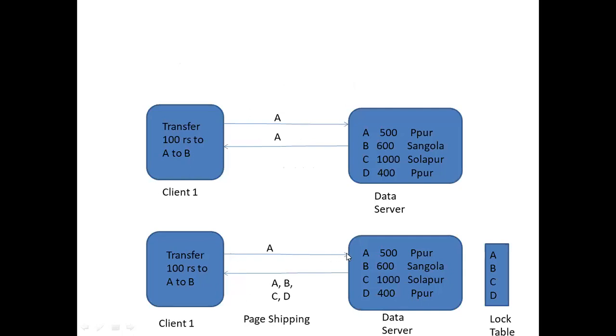We only require account information of A and B, but the data server can send entire pages. आपल्याला फक्त कुठल्या दोन अकाउंटची इन्फॉर्मेशन पाहिजे, फक्त ए आणि बी, transfer 100 रुपये मधून B च्या अकाउंट मध्ये. बट डेटा सर्व्हर सेंडिंग entire page to client side, so there is no need of C and D, but the data server is sending the entire page to the client side.